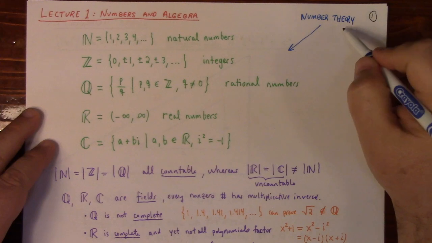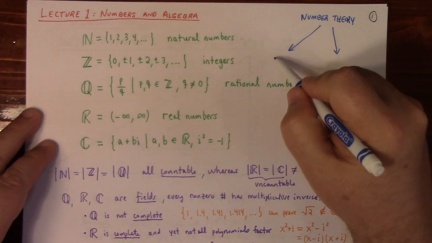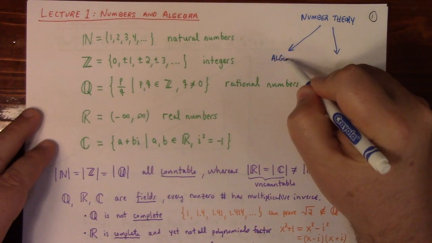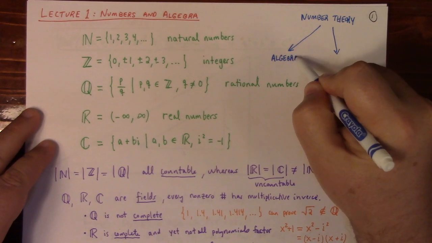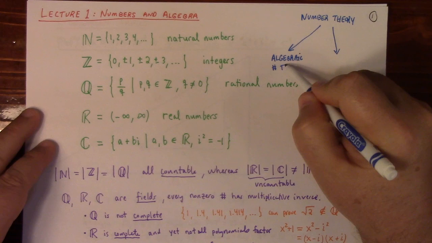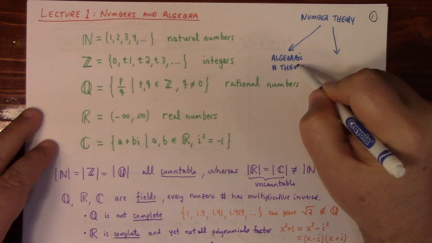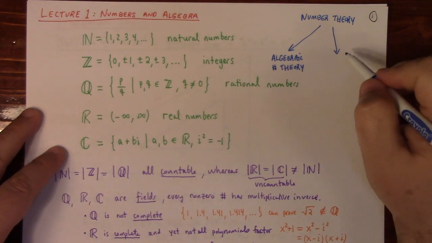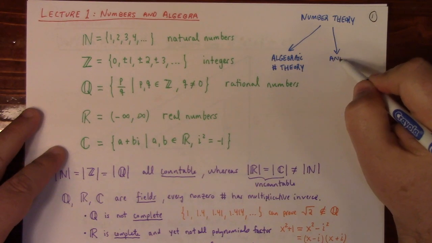There are algebraic number theorists, or you could say algebraic number theory. You thought that was a hashtag. It's not. It's a number. Algebraic number theory, and then there's analytic number theory.